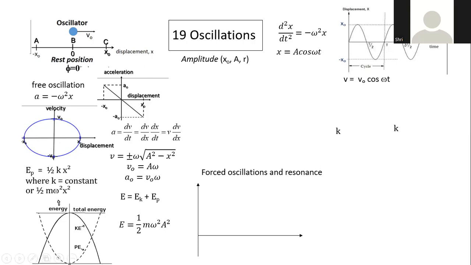And then velocity, you just differentiate that, get your velocity. And V naught is x naught omega. Acceleration, just differentiate. Just understand the phase difference between these two is 180 degrees. Between these two is 90 degrees.